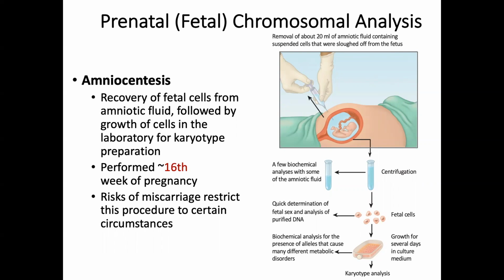The fluid contains fetal cells that can be used for prenatal chromosomal analysis, similar to what we have shown with white blood cells. This procedure can be performed at about 16 weeks of pregnancy. At this stage, enough fetal cells can be collected, and the risk of miscarriage is relatively lower.